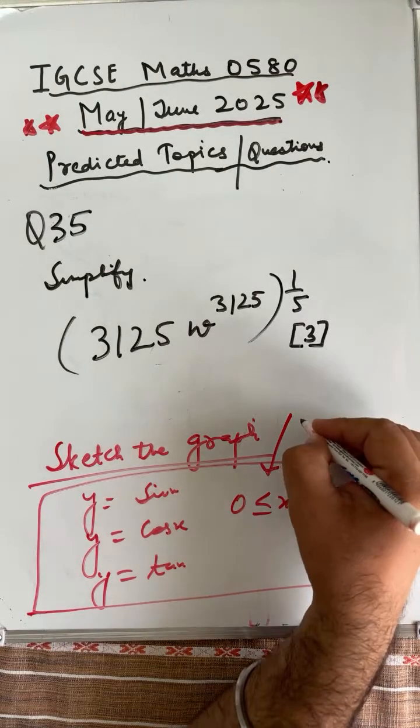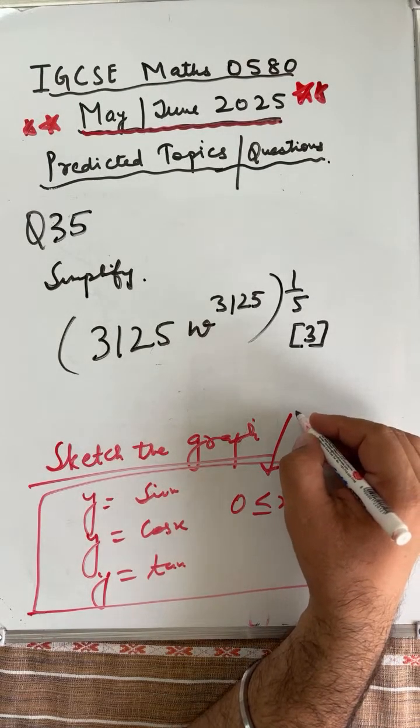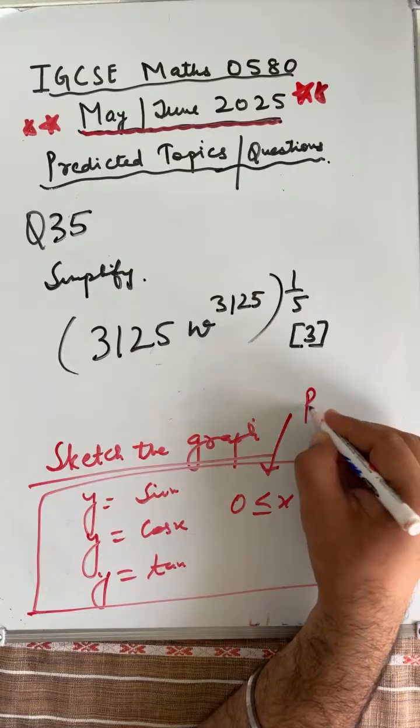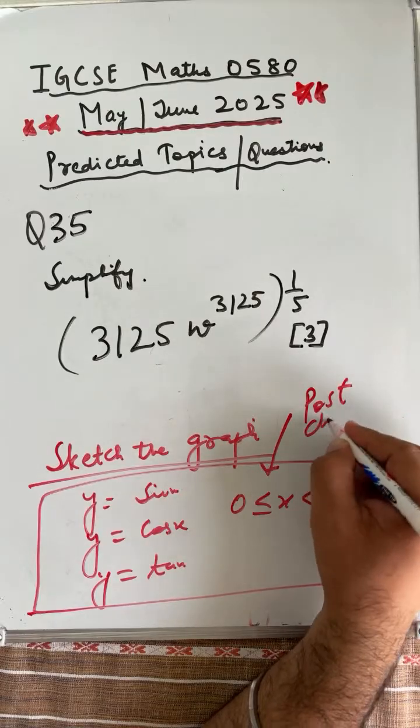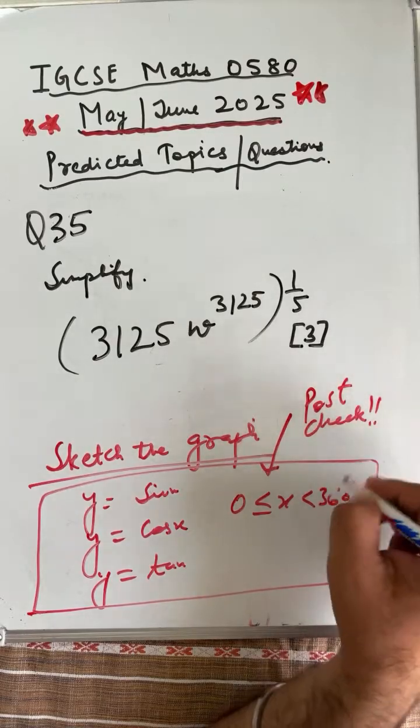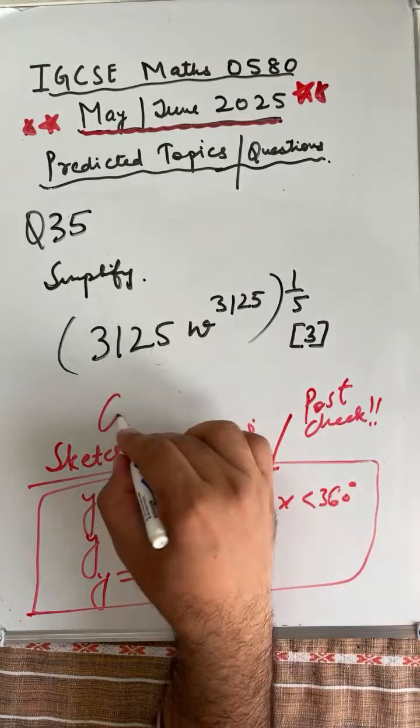You can check in the community section. I have given the graphs of these in the community tab. You can check.